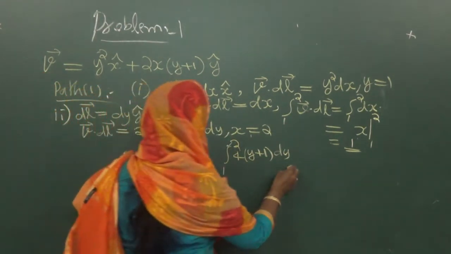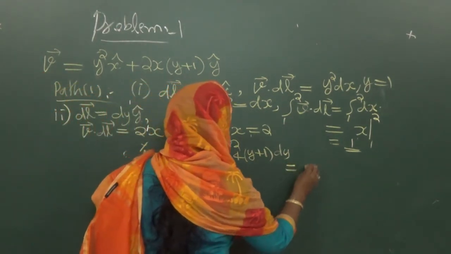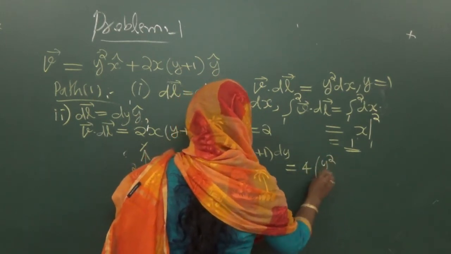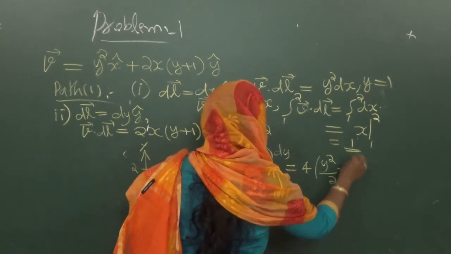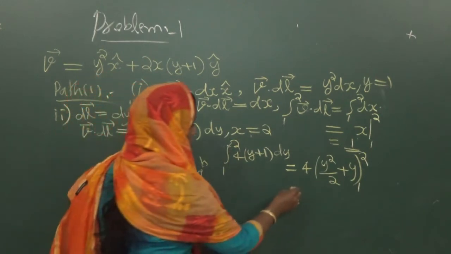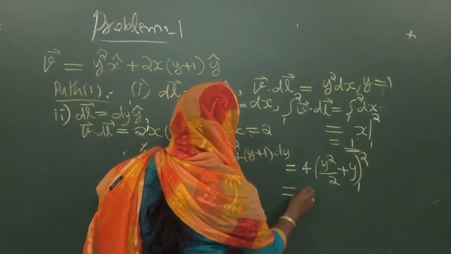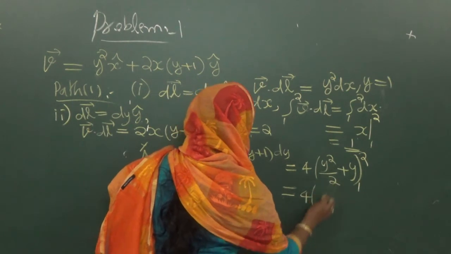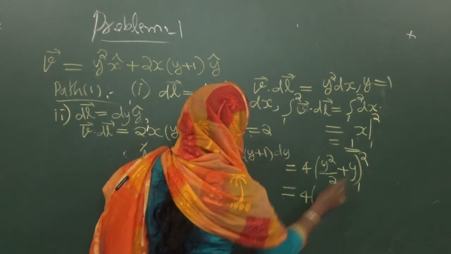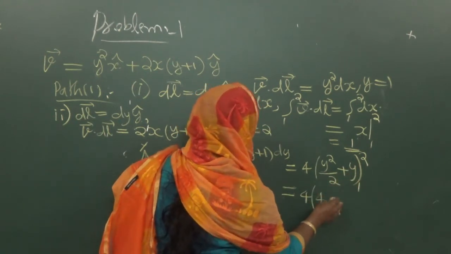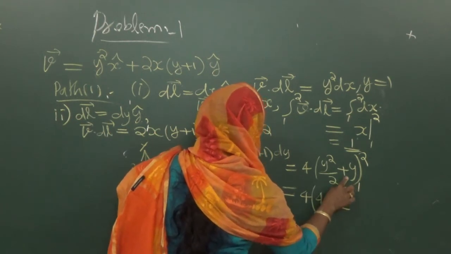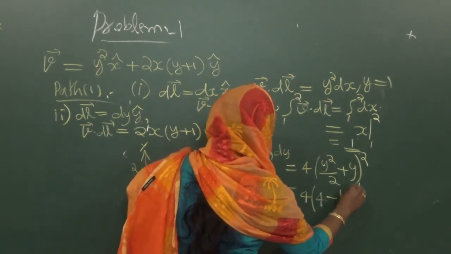What is this integral of (4y plus 1) dy? This is equal to 4 into y square by 2 plus y, limit 1 to 2. So you get 4 into, 2 square by 2 is 2, plus 2, that is 4, minus 1 by 2 plus, again, 1 by 2 minus 1.